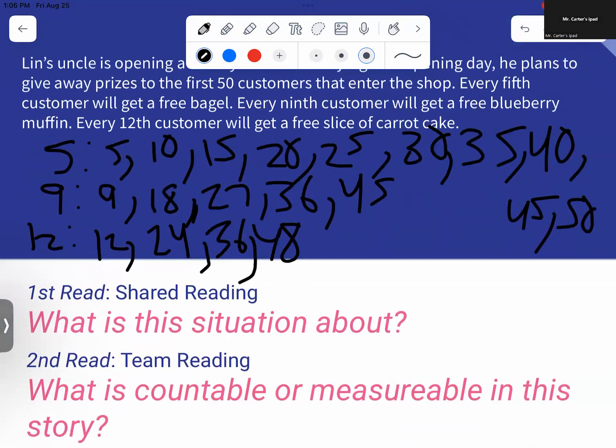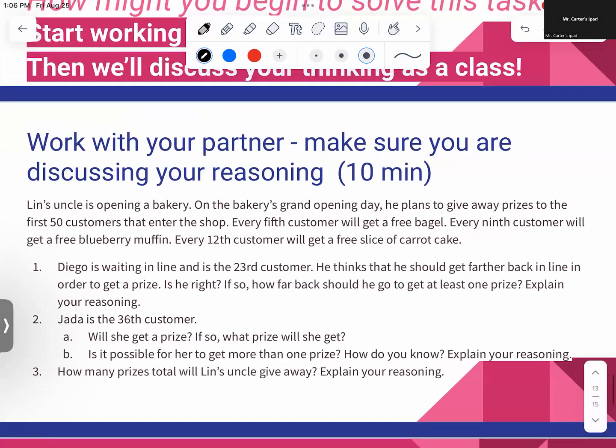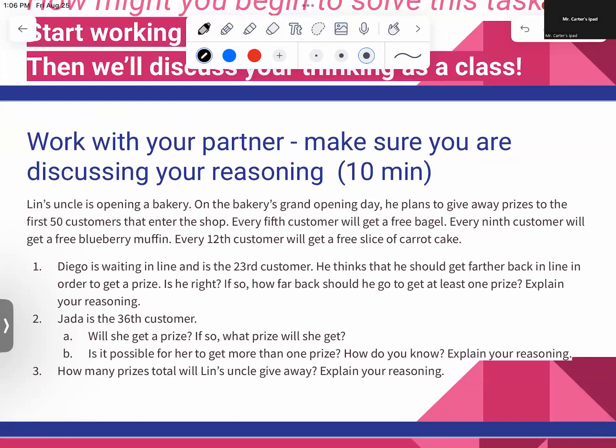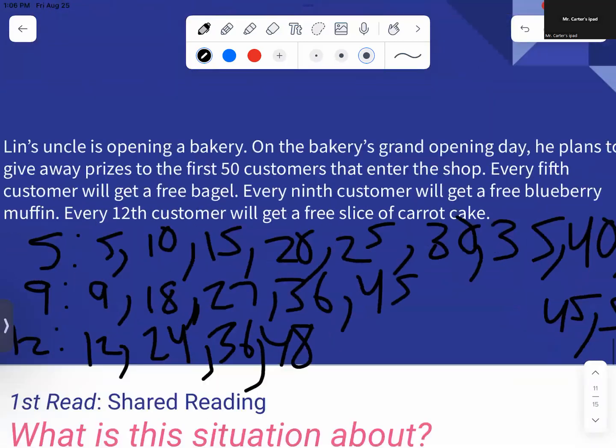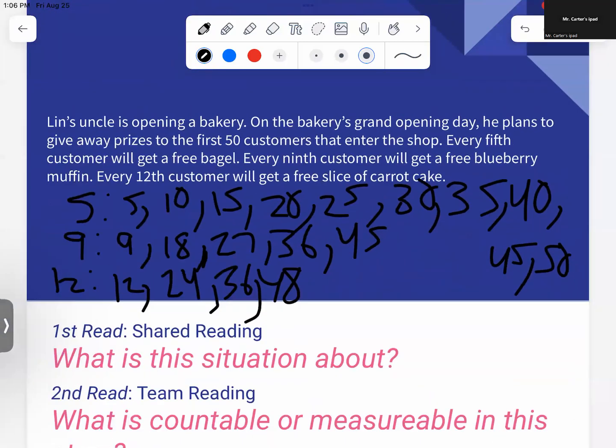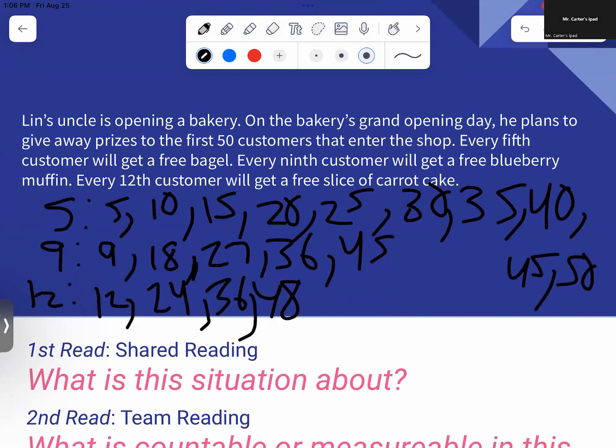Okay, so the question is, it's asking us some things here about these lists. So what these lists mean is that every 5 people are getting a bagel. So number 5 gets a bagel, number 10 gets a bagel, number 15 gets a bagel, number 20. So all of these people get bagels. Every 9, they get a blueberry muffin, and every 12 gets carrot cake.